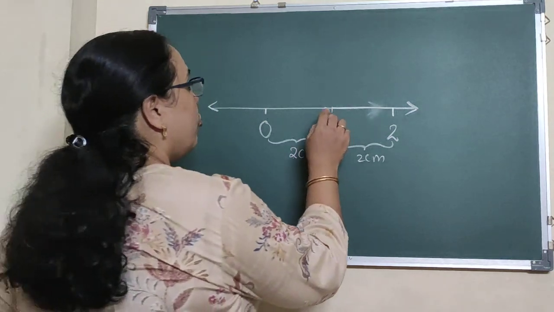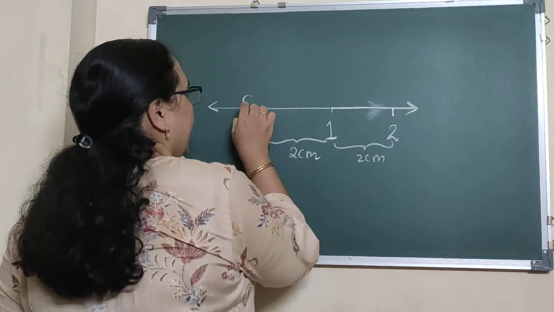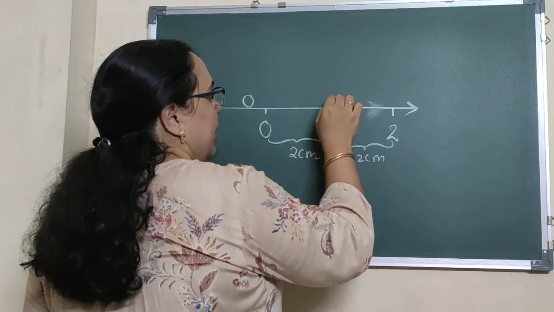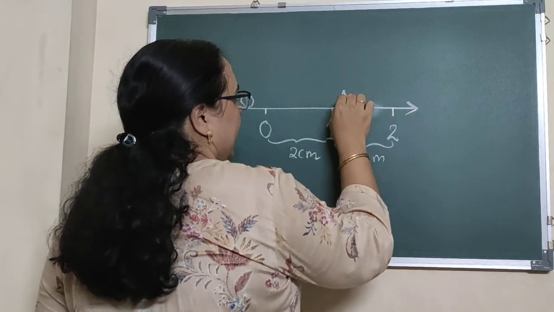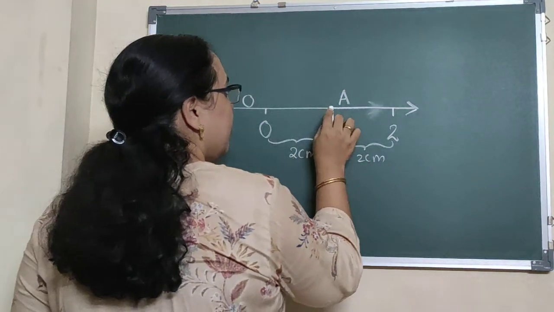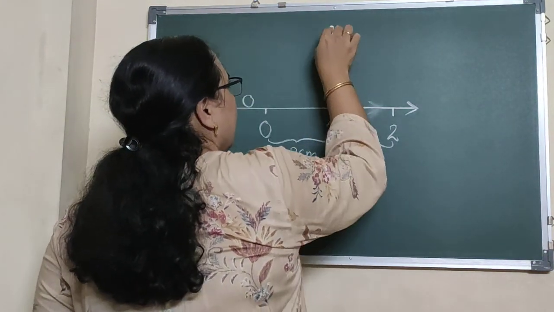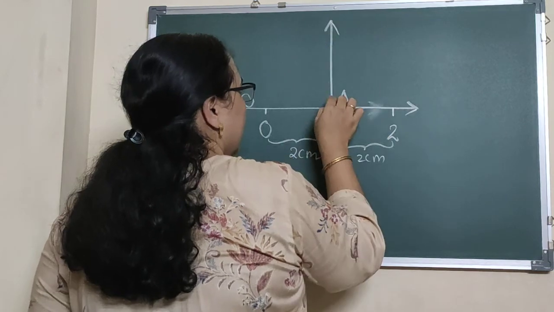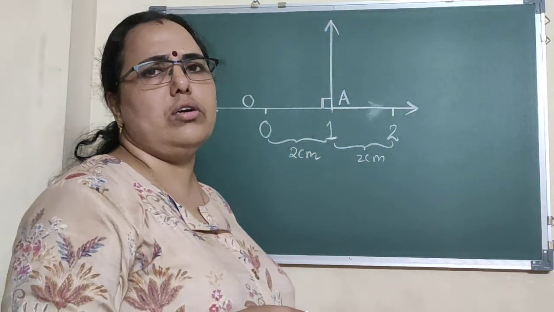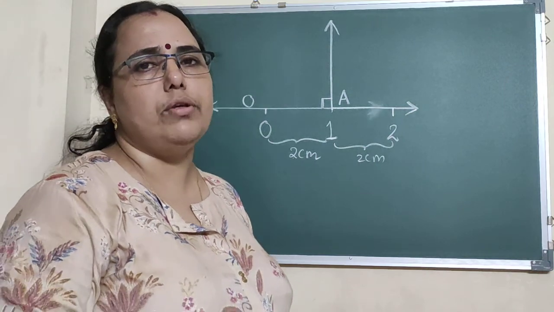Okay, you will draw. So I mark these points by writing that is a point. So 0 is a coordinate. I mark this point by writing a letter A. So 1 is a coordinate. Is that clear? At this one, I drop a perpendicular. How can I draw a perpendicular? There are many ways. You can use a set square, you can use a protractor, you can use a compass.